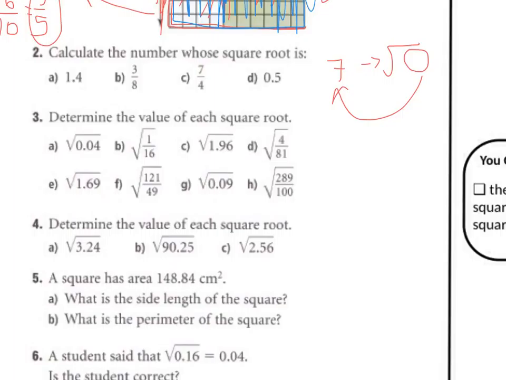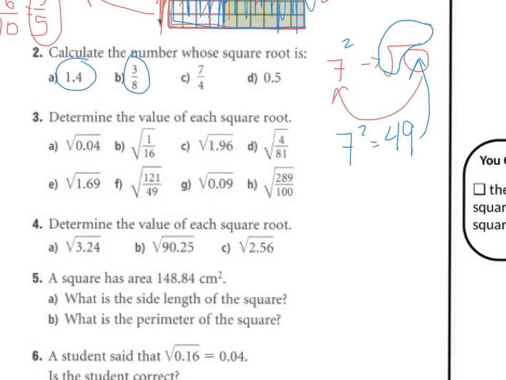Well, the opposite of the square root is a square. So we just go backwards. 7 squared gives me 49. And this 49 is what goes inside here. So essentially all we're going to do is take these numbers and square them, and we should be able to get our answers.